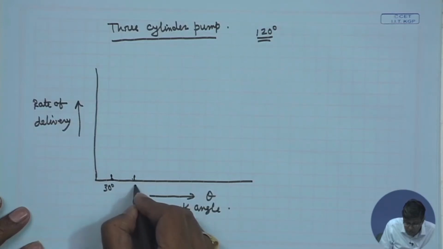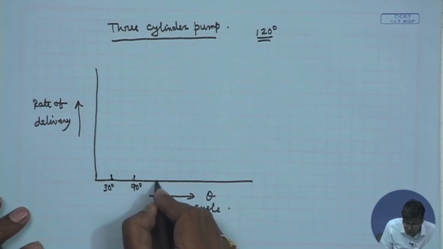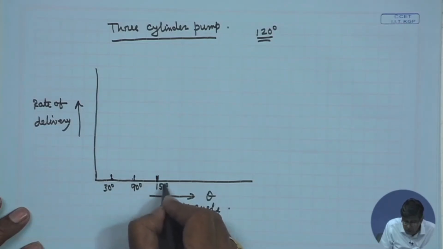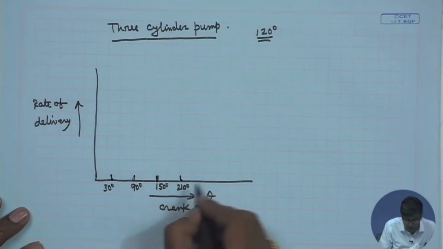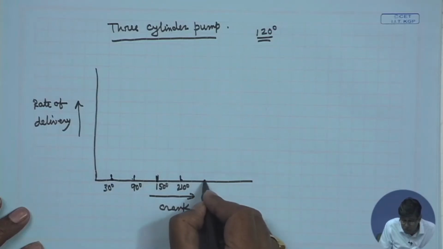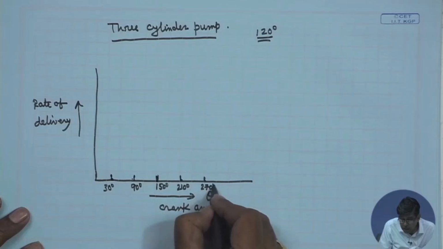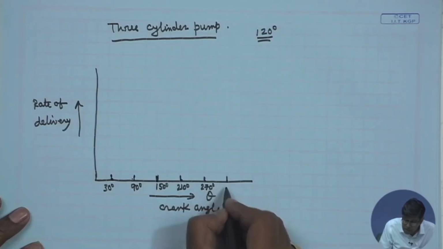This is 90 degree, this is a little 150 degree. This is 210, I am doing them 60 degree apart, 270 degree, and this is 330 degree.